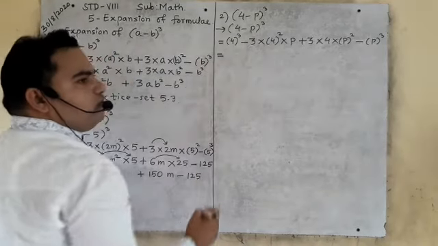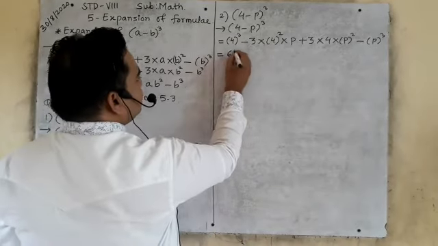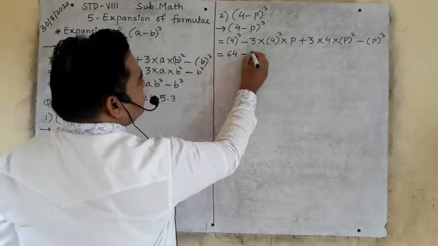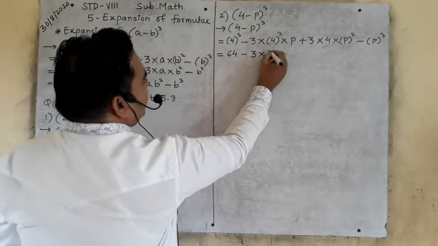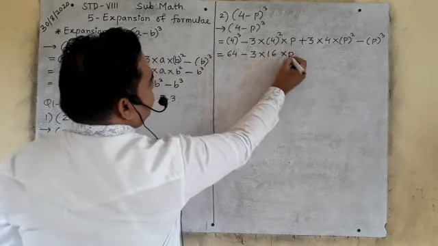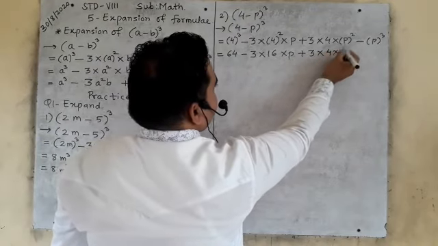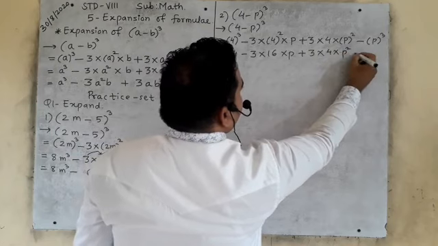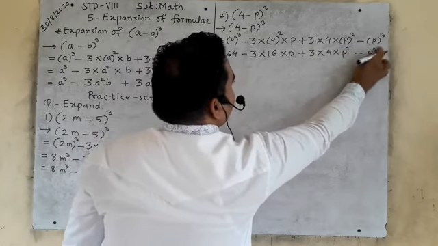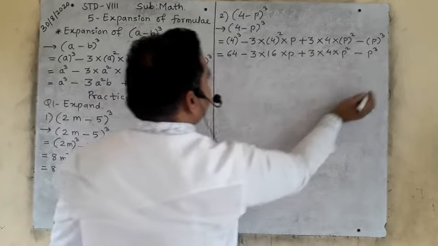What is the cube of 4? 64. 64 minus 3 multiply 4 square 16 multiplied by p plus 3 as it is, 4 as it is, p square minus p cube. Is it clear? So simple, right?